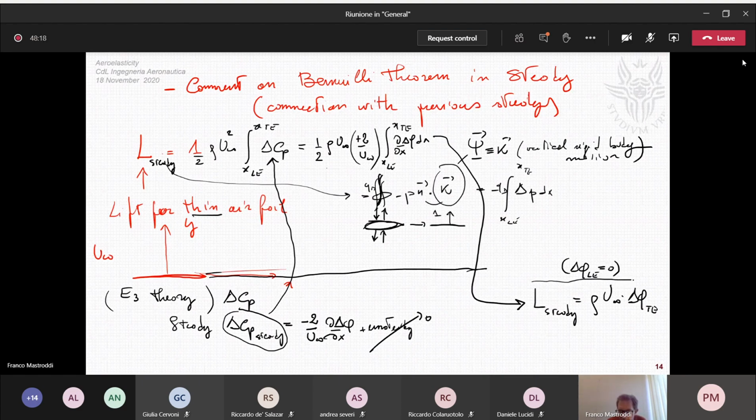And did you ever see this formula? Probably you have seen this formula in this form, with capital gamma. Did you or not?